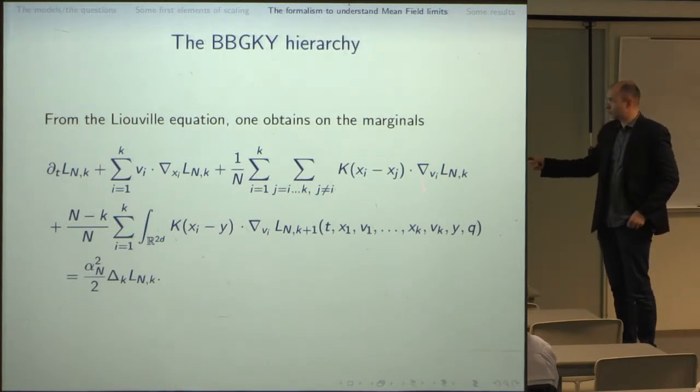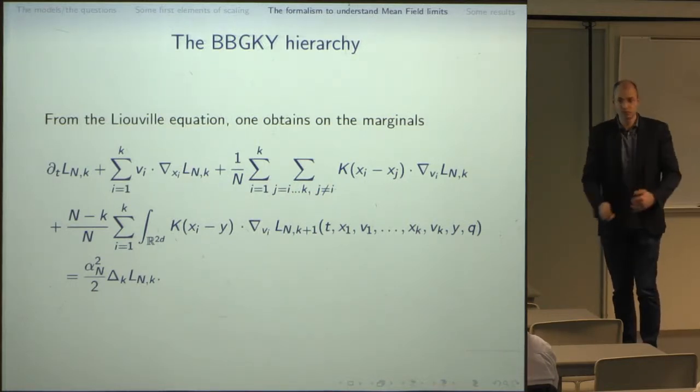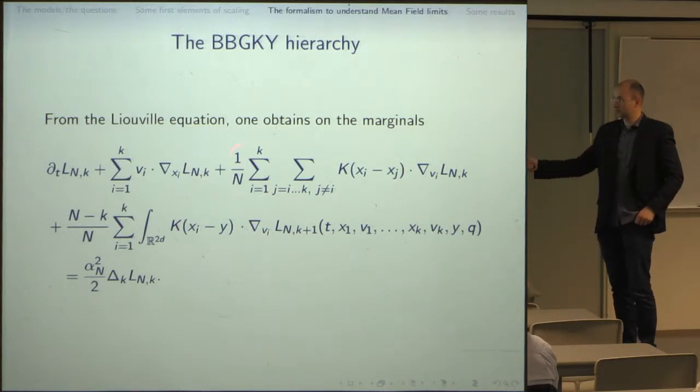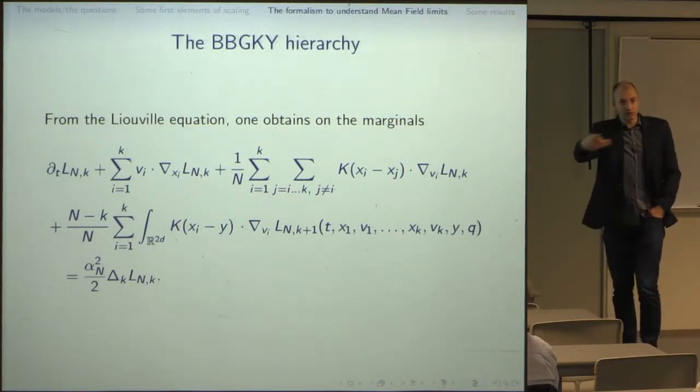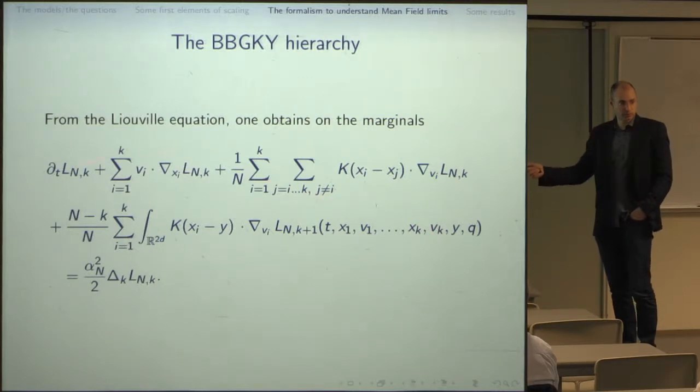Either the positions that were in this term are between 1 and k, and in that case they are not integrated at all, and you get a closed form. Or they were one of the later positions, and then you get a non-closed form. Okay, so this is again a very simple calculation to make. The diffusion doesn't change.